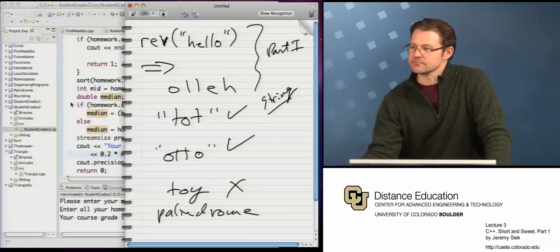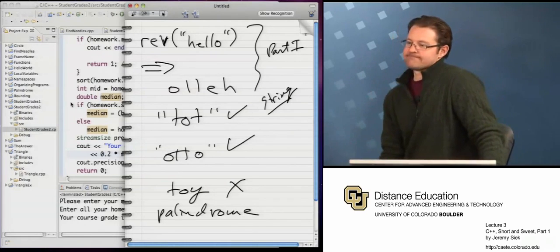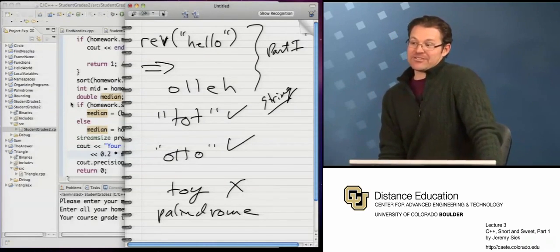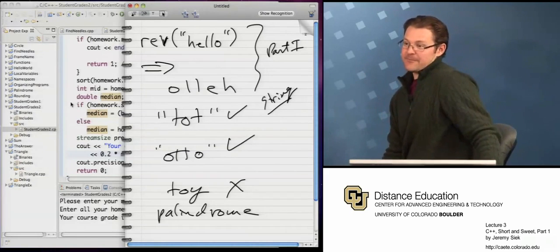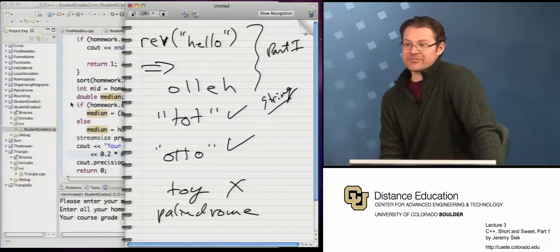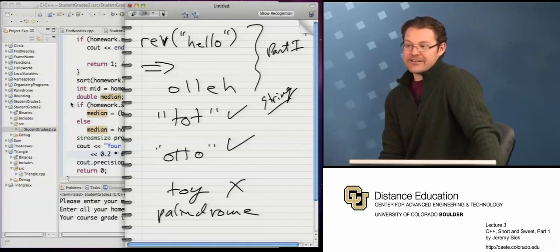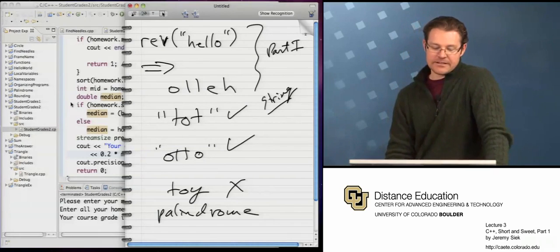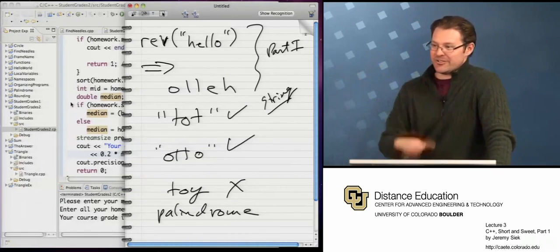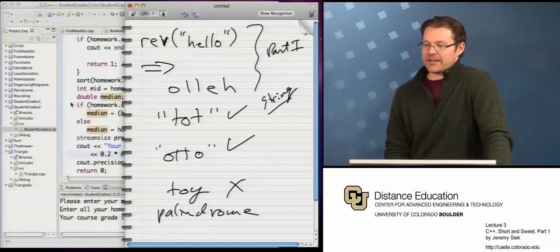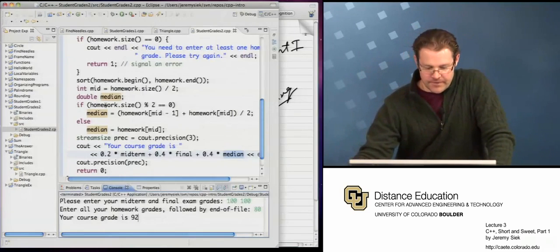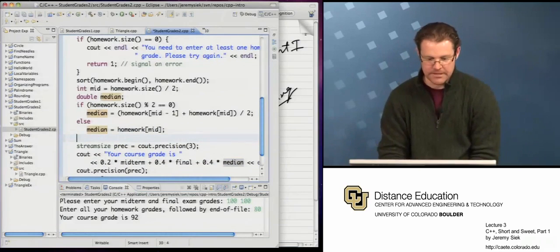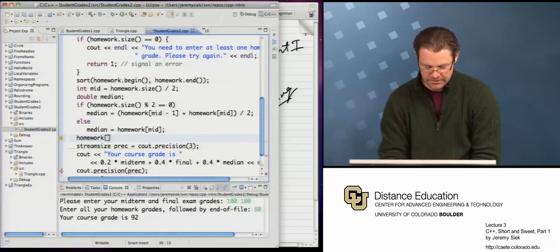Can you operate on the characters in a string as elements in a vector? Yes, that's a good question. You can use the bracket operator on your strings, just like vectors, and you get out a character. And you can also assign into a string using the bracket. So not only can you say homework mid and get the value out, you could also assign a new value into that.